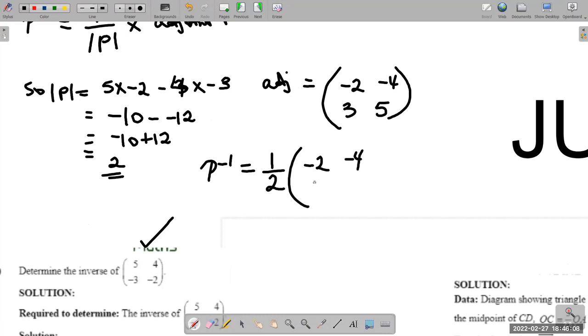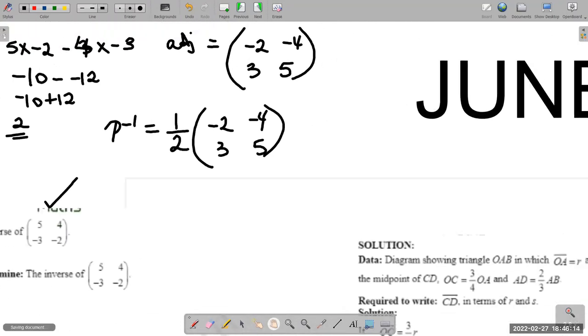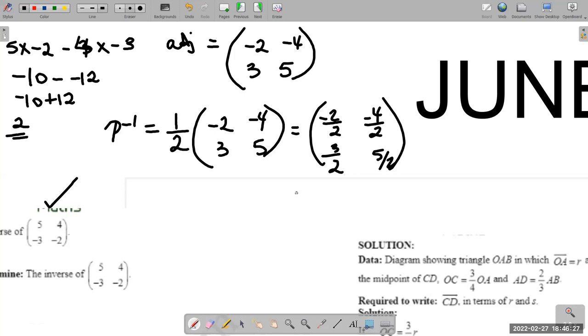So you know what you got to do next. You apply the half to each. So I'm just going to come across to do that and simplify below. So this is going to become negative 2 over 2, negative 4 over 2, 3 over 2, 5 over 2. So your answer should be negative 1, negative 2, 3 over 2, 5 over 2. Yep.